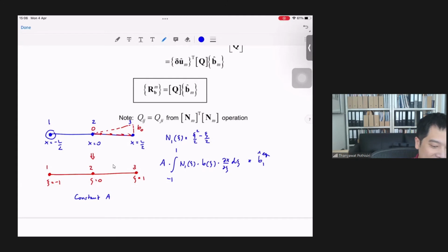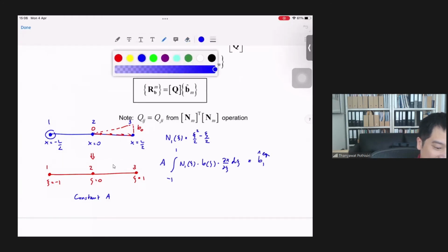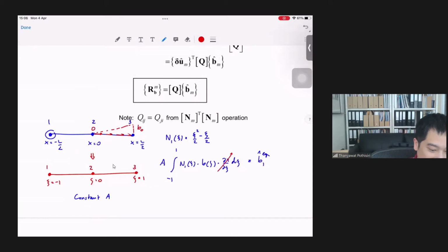So in this case, you can see that based on this data that we have, dx by dxi should be equal to what? We can write a relationship between xi and x like this: xi equals x over L, so dx by dxi should be L over 2.